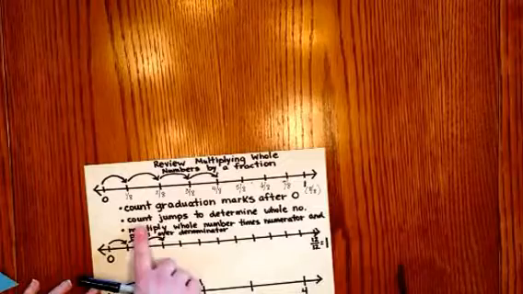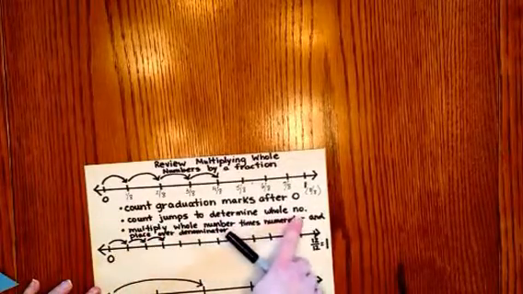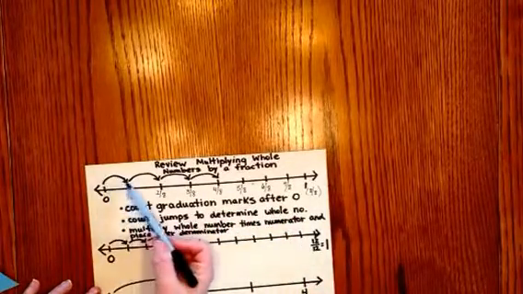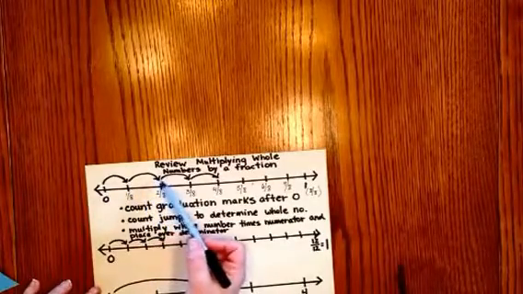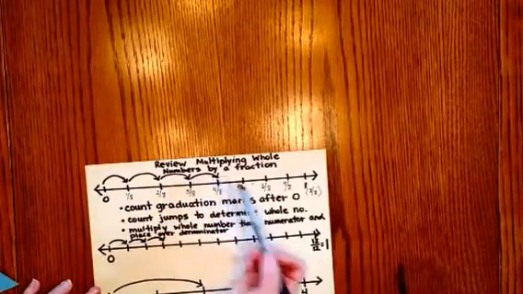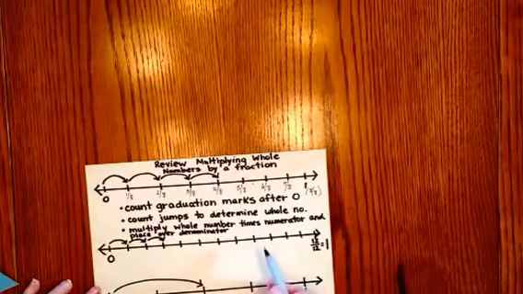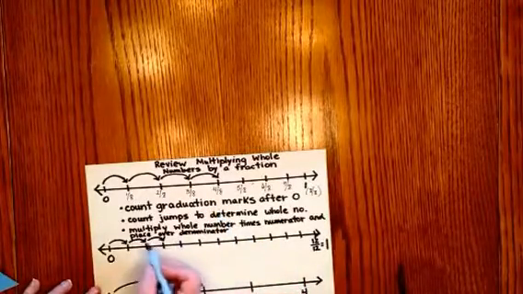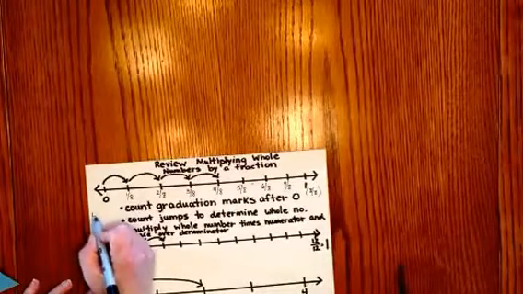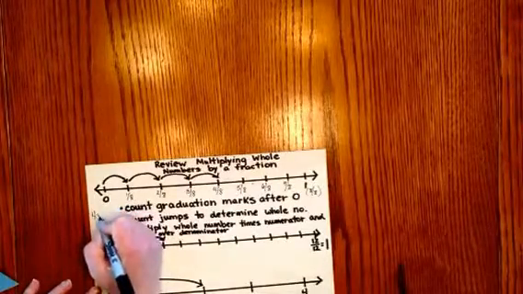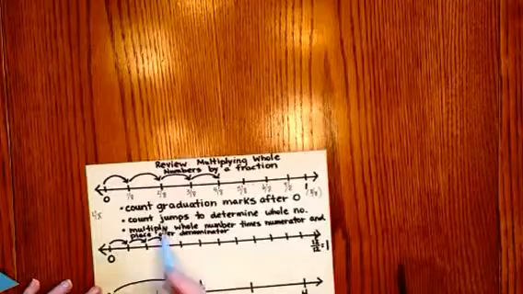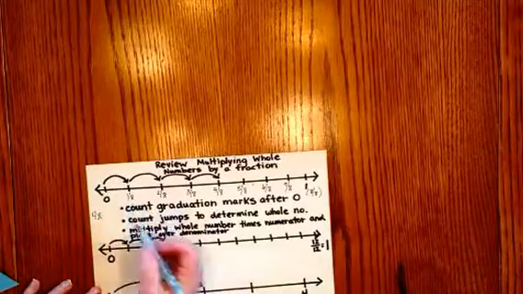Then we're going to count the jumps to determine our whole number. So you'll notice I have 1, 2, 3, 4 jumps. So if I were going to write a problem for this, and I kind of didn't leave enough space here, but I'm going to put the whole number 4 times, and then our fraction is 1/8.